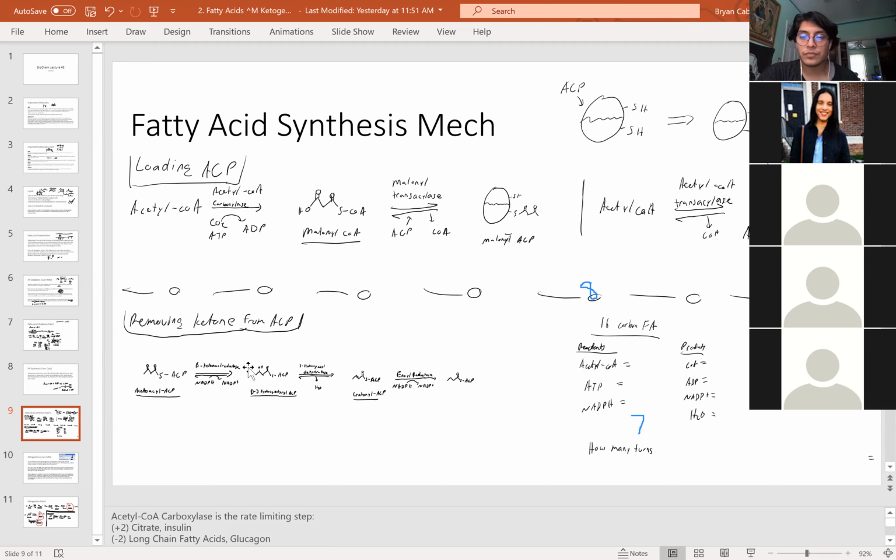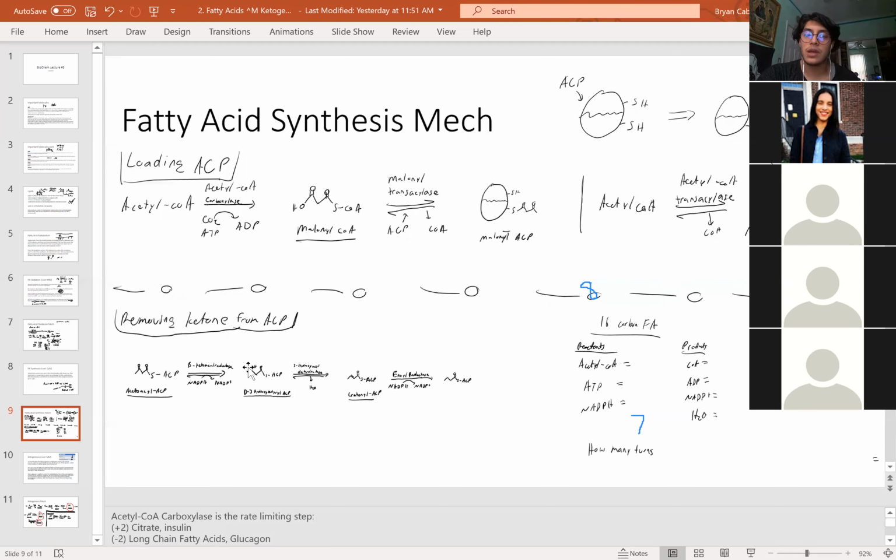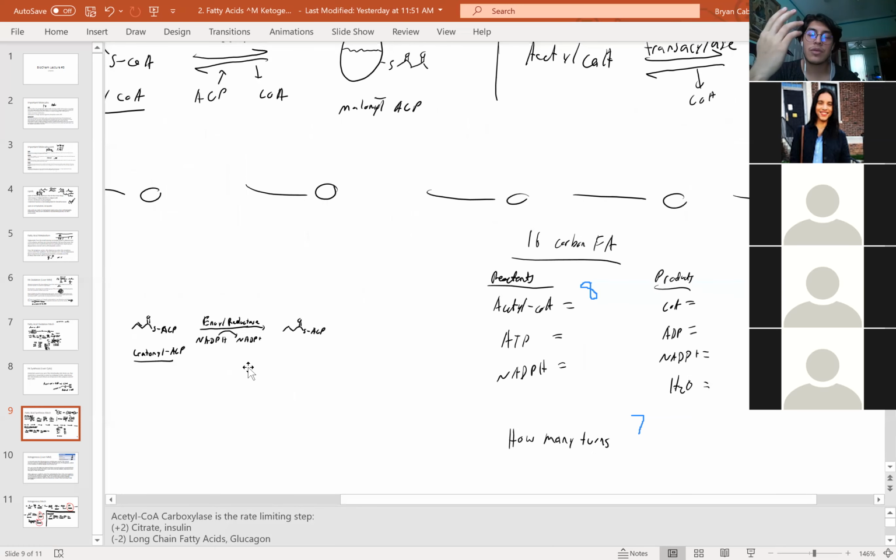It's the same kind of thing as beta oxidation, where the number of turns you need is acetyl CoAs minus 1. So it's going to take 7 turns. In terms of ATP, if you're doing malonyl attachment 7 times, it's going to take 7 ATP.